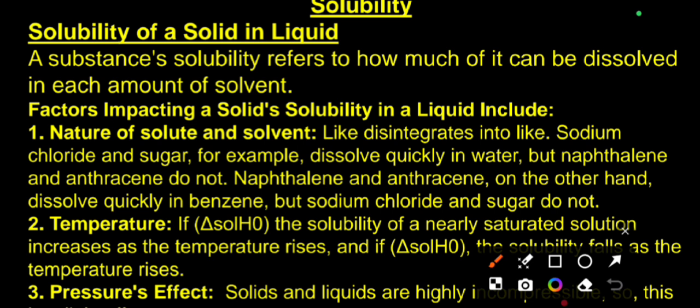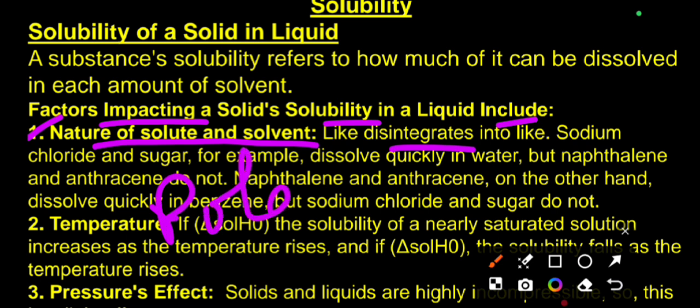So what are the factors on which solubility of solid in liquid depends? Our first factor is nature of solute and solvent. Like dissolves like means polar can dissolve in polar compound only.